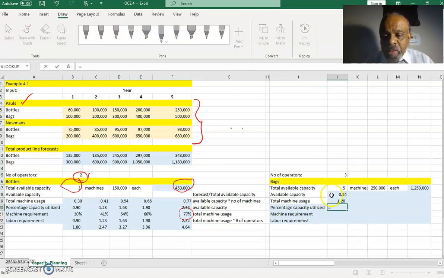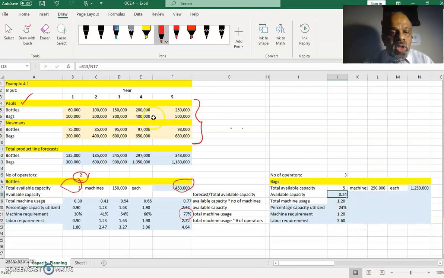My percentage capacity utilized is going to be the available capacity. My machine requirement is going to be the machine usage. My labor requirement is machine requirement times the number of operators.